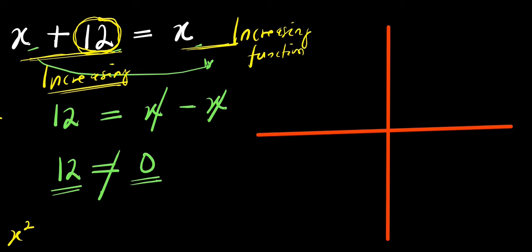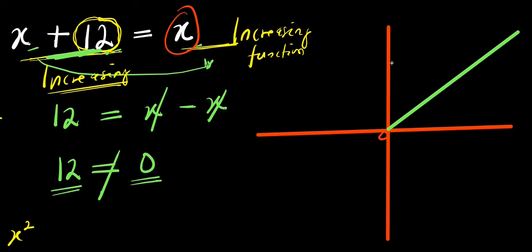Why? Let me show you graphically. For this, let it be the initial point. This is the graph for x. Now, like I said, this particular increasing function here is 12, or this expression is 12 ahead of this one here.